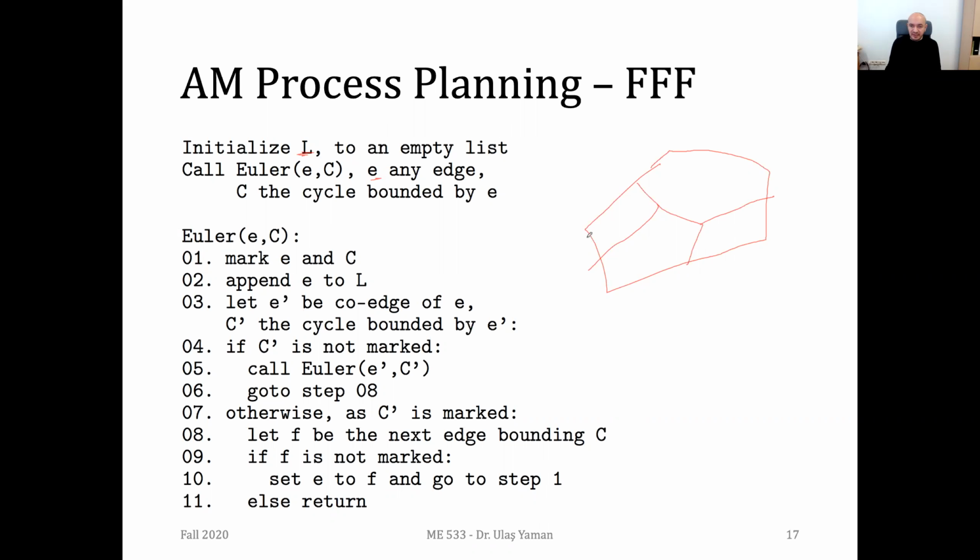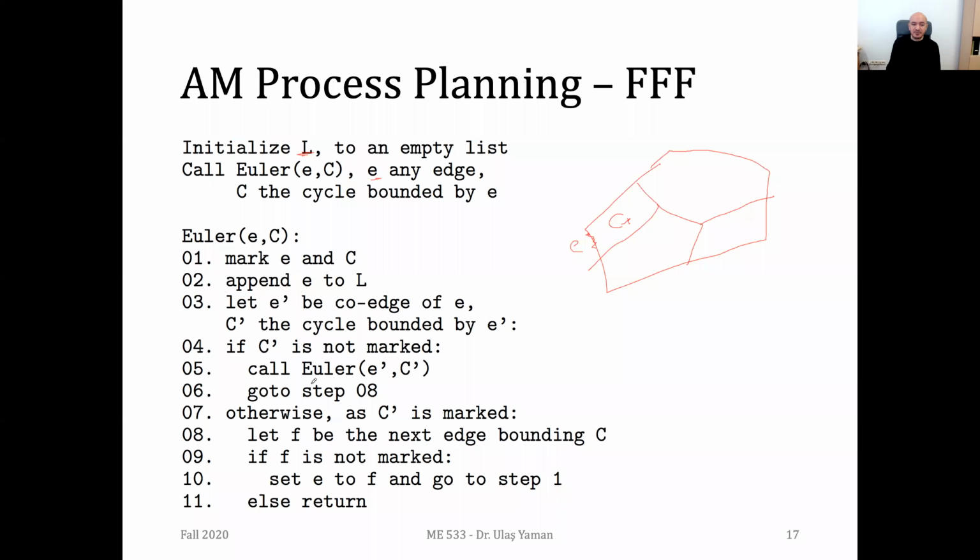So you may start with an edge E, and that is the cycle C, and you also have the set of cycles. We give these inputs and then start running this algorithm. We mark this edge E, and also C is marked, and then we add this edge E to our output list, and then we define another co-edge, which will be the reverse of our edge E, and then we continue by simply visiting all the cycles.